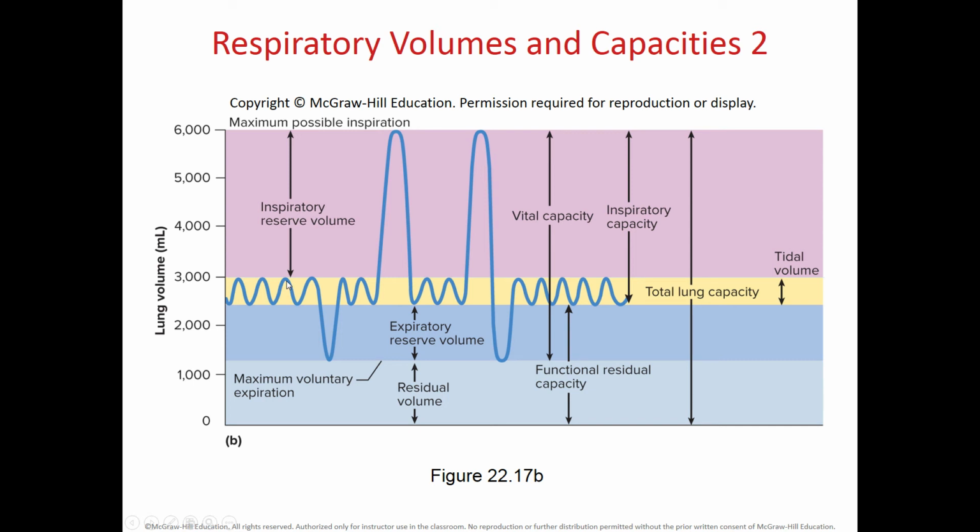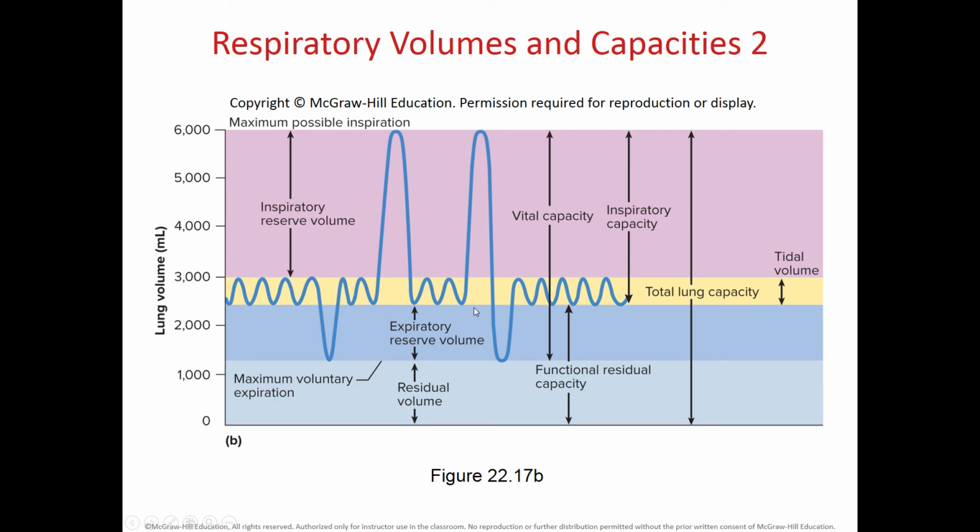After you inhale your tidal volume, and you inhale much stronger, you can obtain your inspiratory reserve volume. And then you can exhale all the way as much as you can, and then you obtain your expiratory reserve volume.